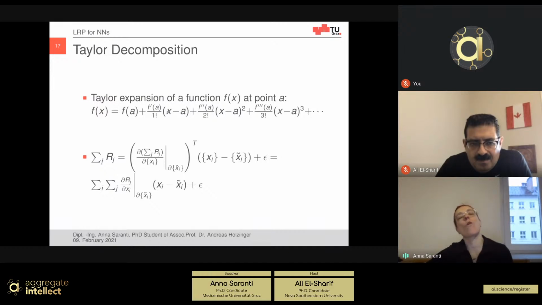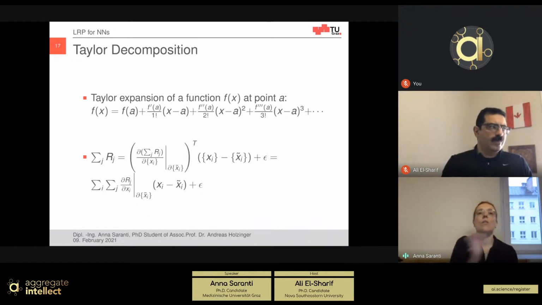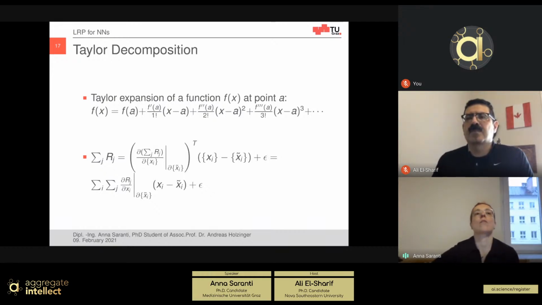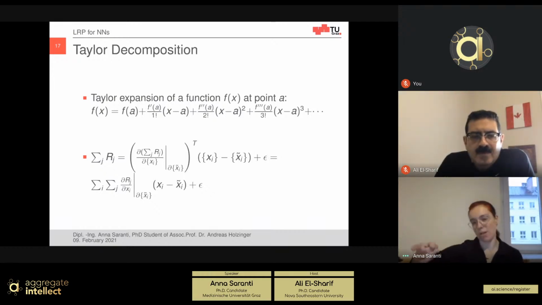Remember that I talked about this when I showed the image for sensitivity analysis, where I showed this area between one class and the other one. So it's very important that we find the nearest point that's classified as the other class.